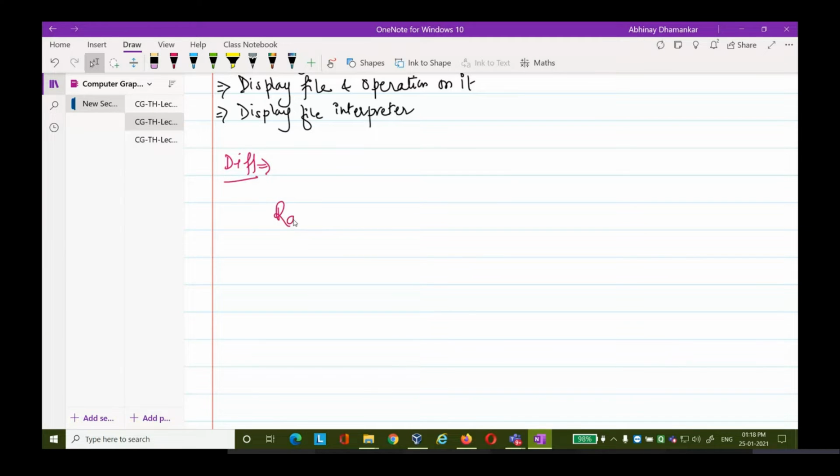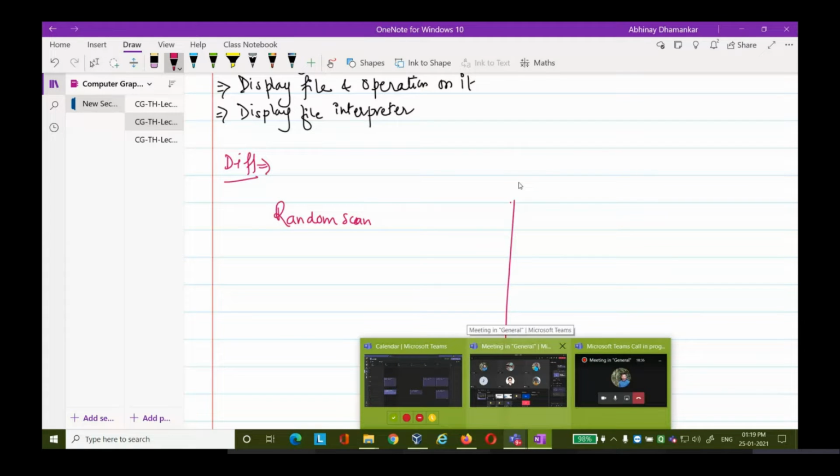First of all, random scan, and in the second line, raster scan.